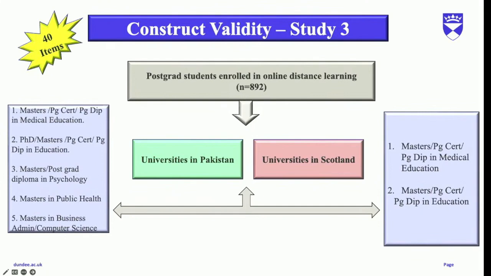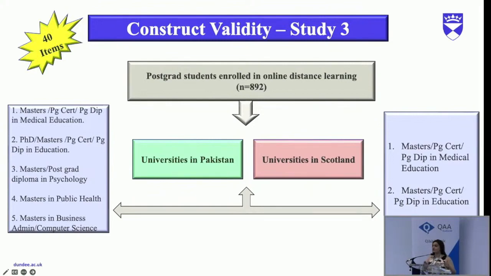So on 40 items, when I developed the scale up to response validity, I started with the medical masters in health professions education, medical education, the public health domain, so online distance learning. But when it comes to the final stage, I looked at the scale so that it can be generalizable and transferable to other specialities. So I've included those specialities in Pakistan and those specialities in Scotland.